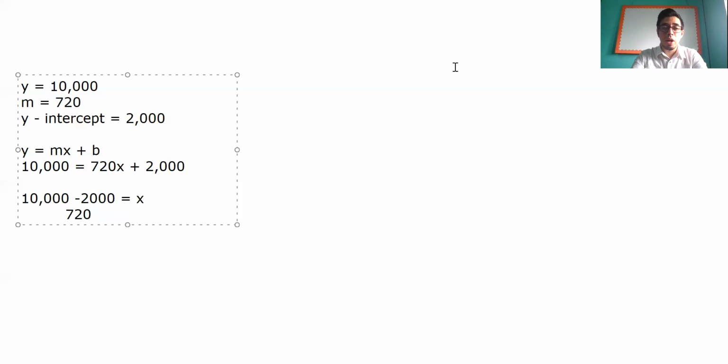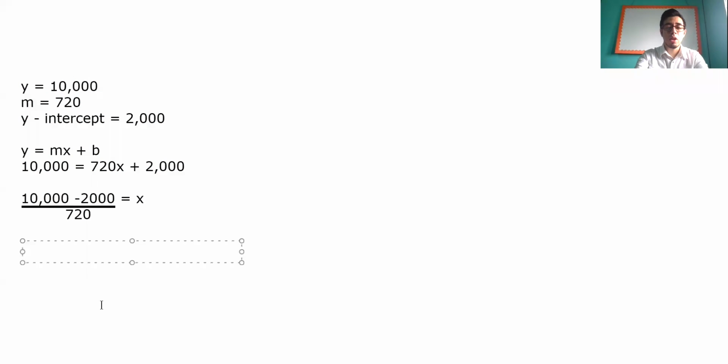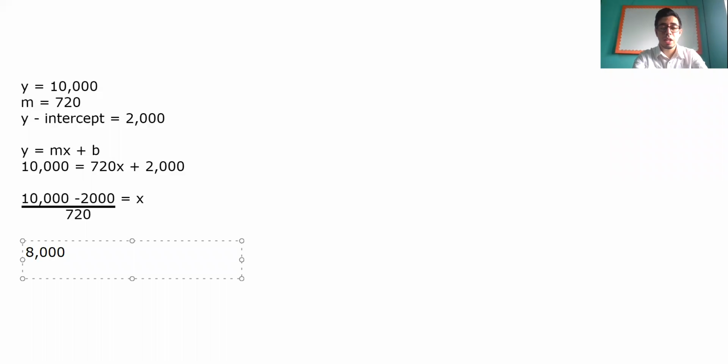So at this part, we have to divide this. I'm going to write the line in here, so you can see it as a fraction, okay? So what is the value for x? Can you find the value for x? When you subtract 10,000 minus 2,000, you have 8,000. This is divided by 720.